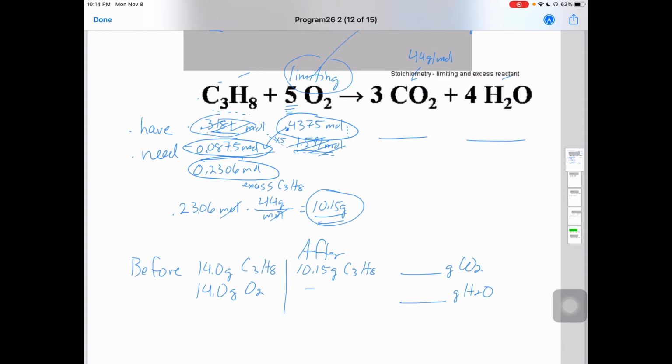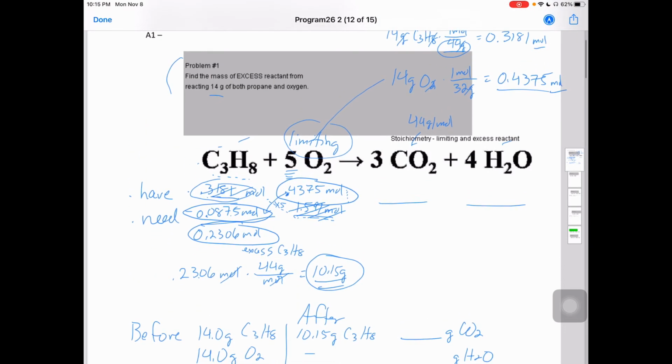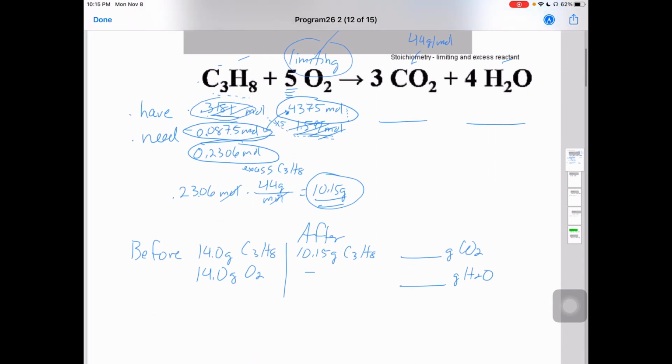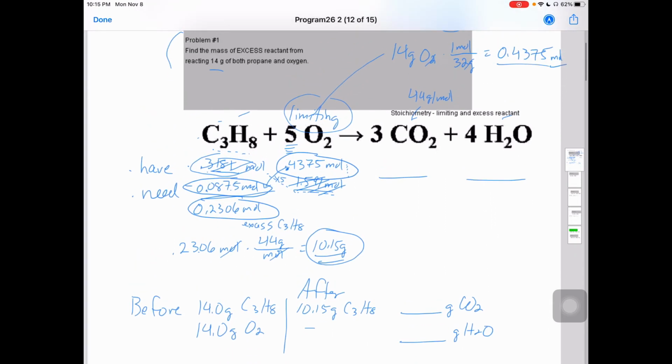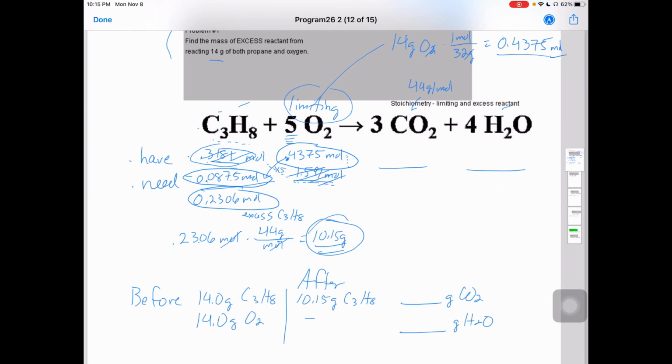Again, my answer is 10.15 grams. That's my excess oxygen. I'm sorry, excess propane, because oxygen was limiting. So, in a 3 to 4 ratio, 1 mole of C3H8 reacts with 5 times as much oxygen.